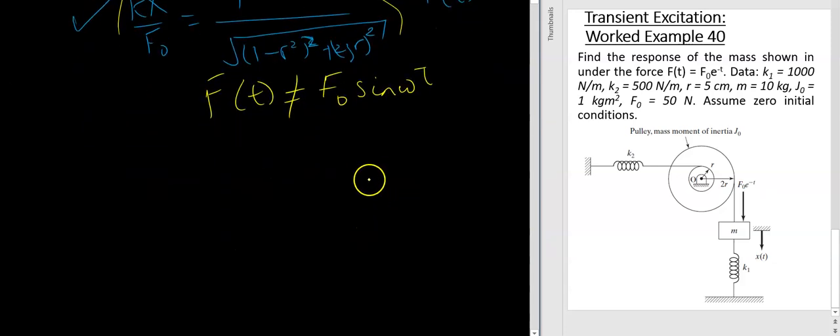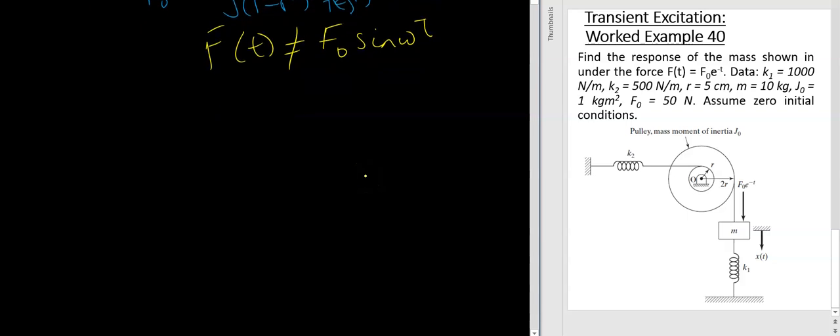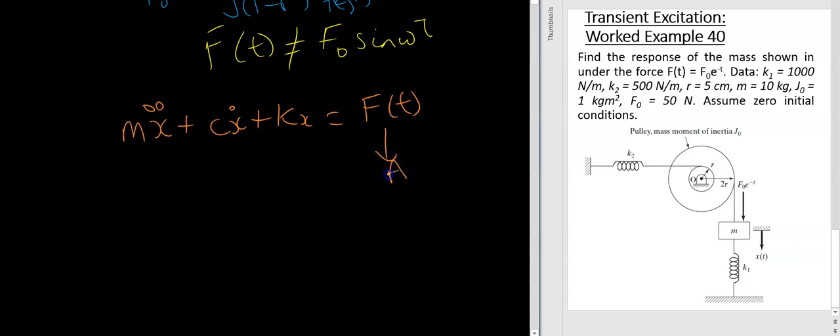So the task we have at hand is really, we want to be able to say that, well, if we have an equation of motion of the form m x double dot plus c x dot plus k x is equal to F(t), where F(t) can be any arbitrary excitation, well, how do we determine the response x(t)?